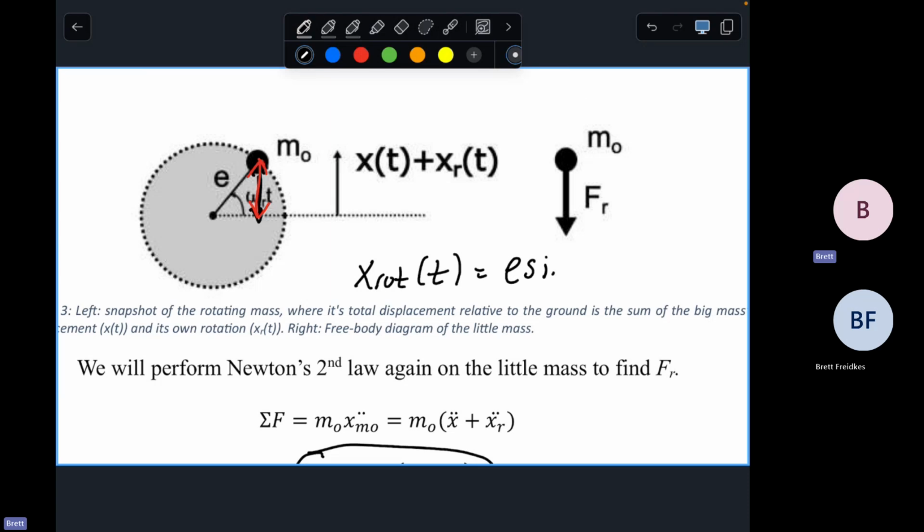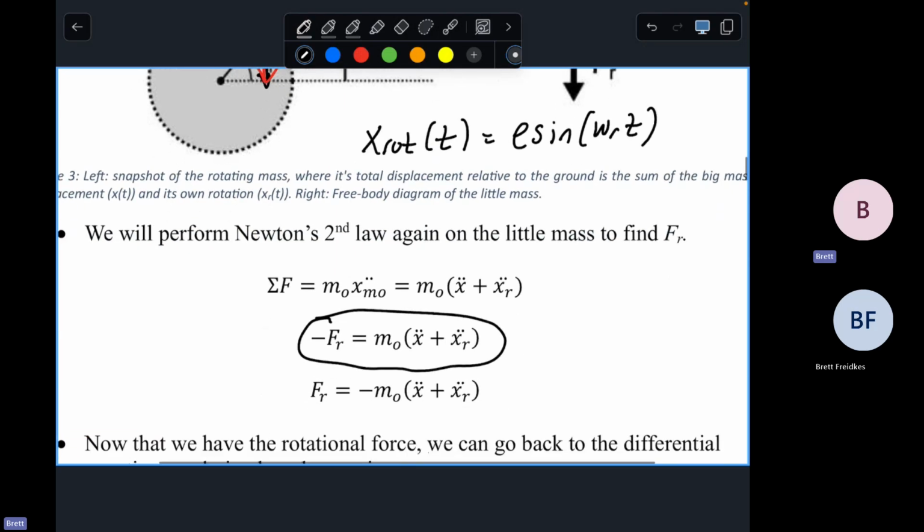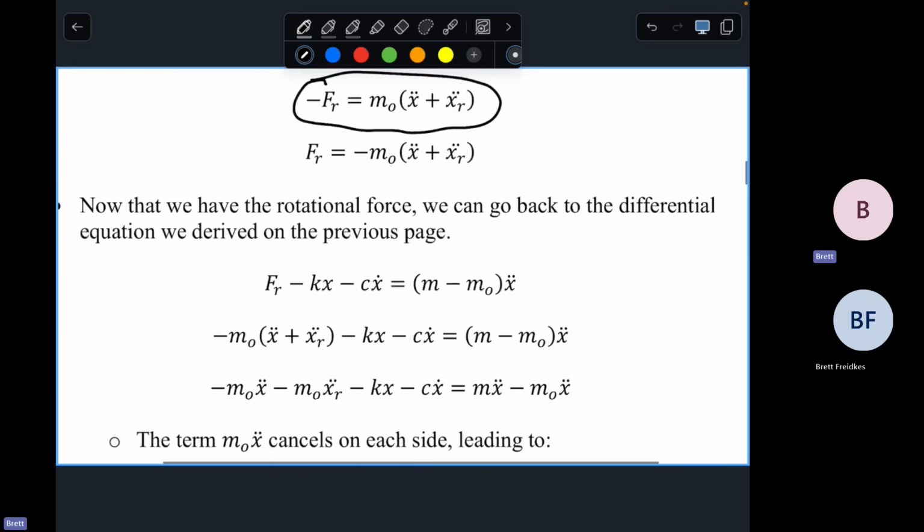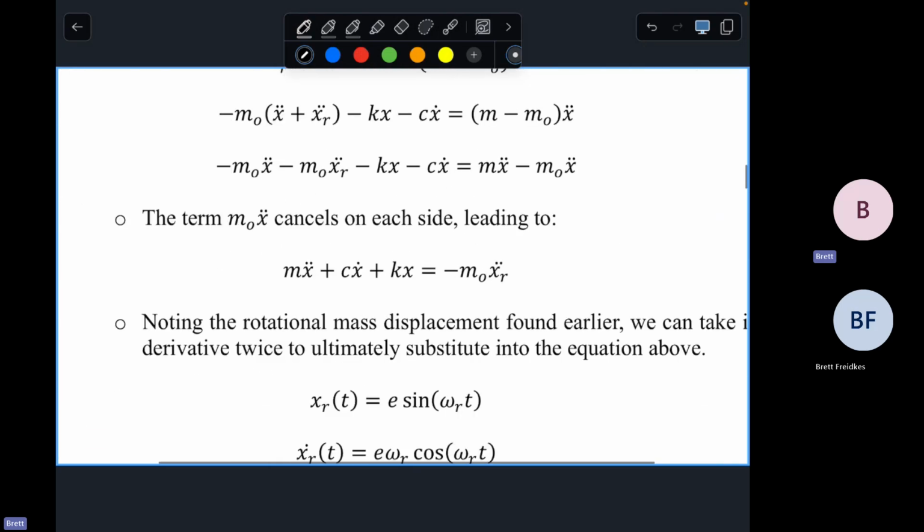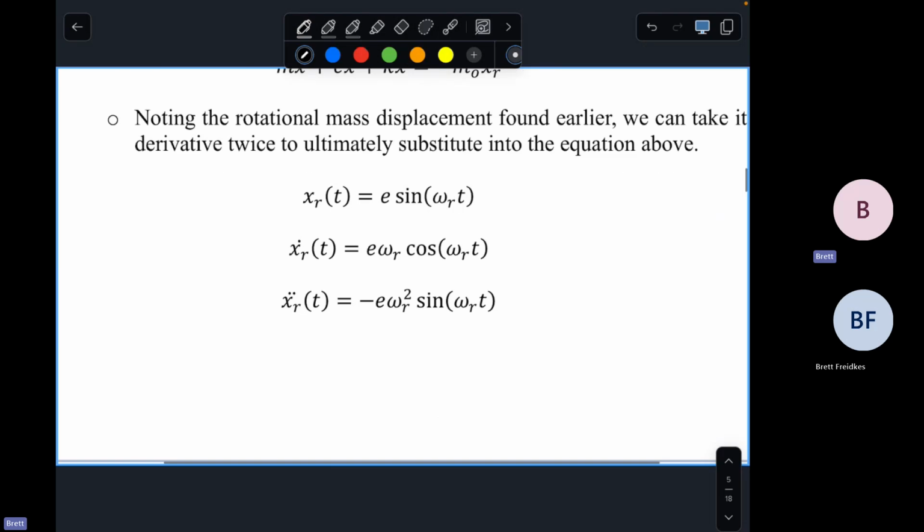E sine of the angle, which again, we're writing that angle as omega r times t. Omega is radians per second times seconds gives us just radians. That's the angle at a certain point in time. So we can take derivatives of this.